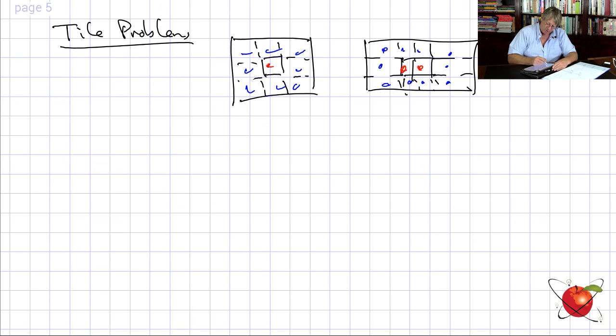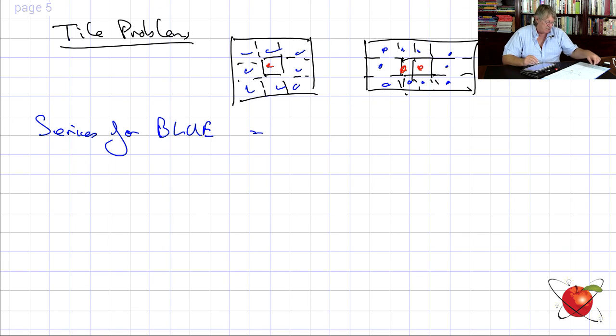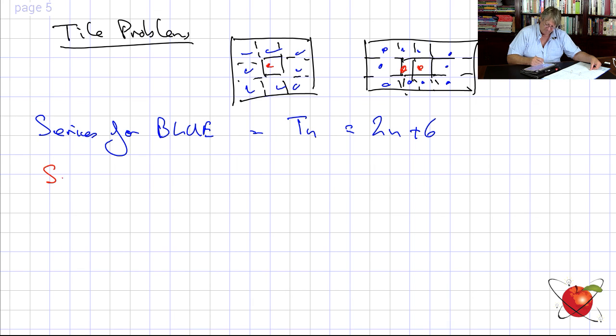You would first of all do a series for blue, which comes out as Tn equal to 2n plus 6. You can work that one out. And you do a series for red, exactly the same as the numerator and denominator.